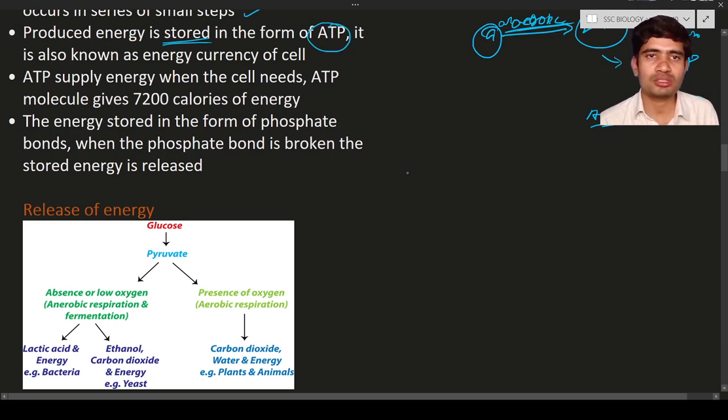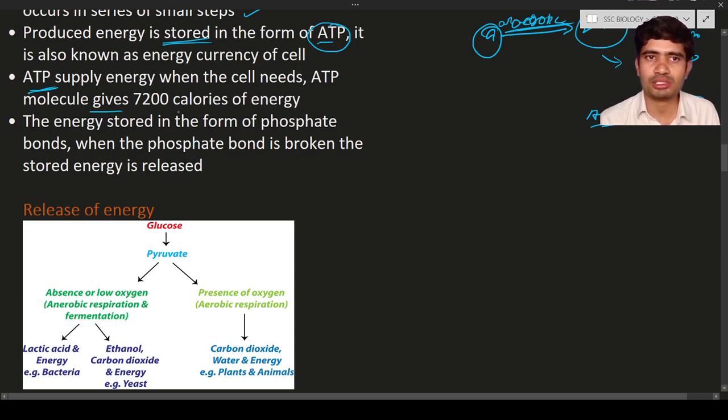ATP means adenosine triphosphate; ADP means adenosine diphosphate. ATP is also known as the energy currency of the cell. Why? Because ATP molecules are very important for the functioning of the cell and the body. ATP supplies energy when the cells need it.